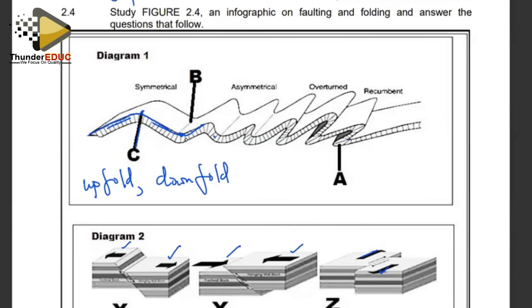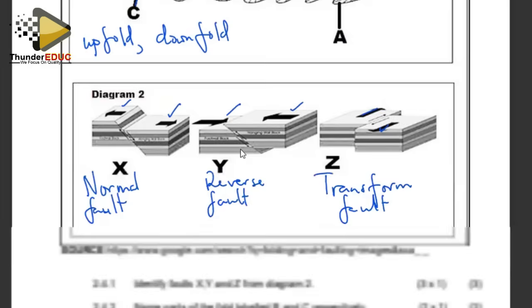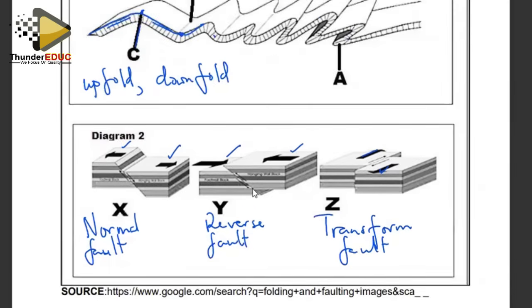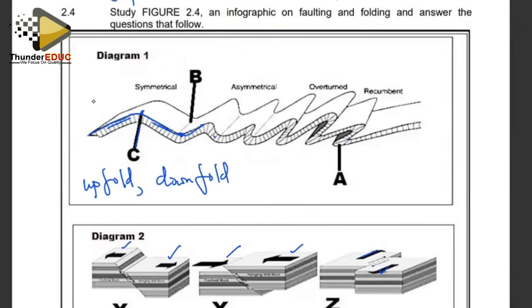It's downward folding. So what are we saying here? We are saying an upfold C is called a syncline. Whenever the landmass is bent up like this, we call it a syncline. And when it's bent down like this, we call it an anticline.